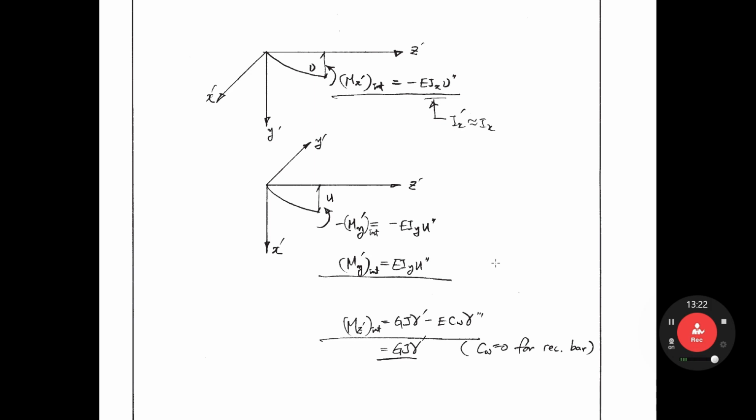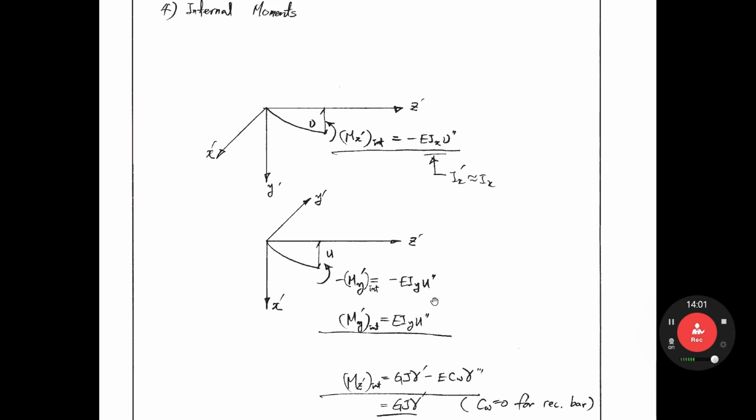So the rectangular bar is the simplest case. We consider the rectangular bar firstly. So in a rectangular bar, the warping constant is equal to 0 because there is no flange. So this Mz internal is equal to GJ gamma prime. We only have Saint Venant torsion. So that is the derivation regarding internal moment.